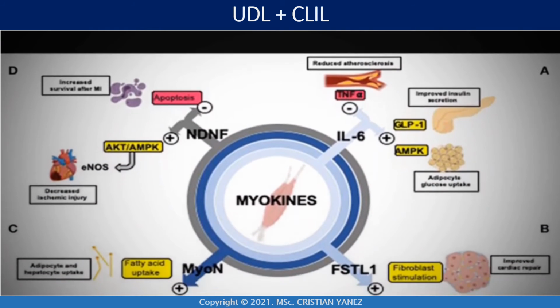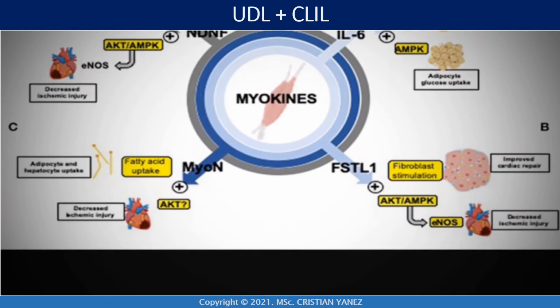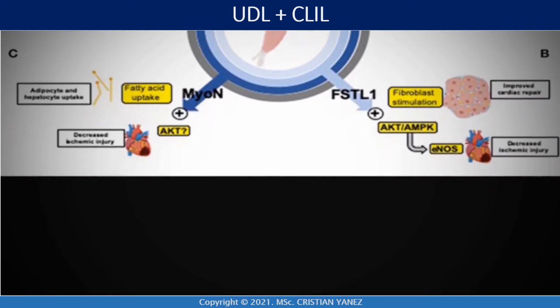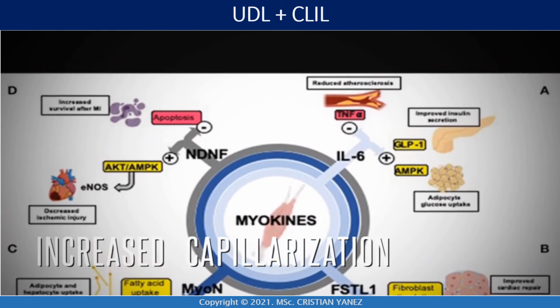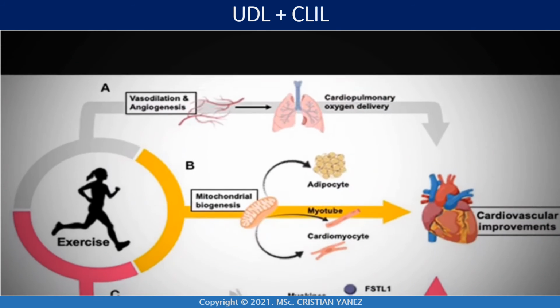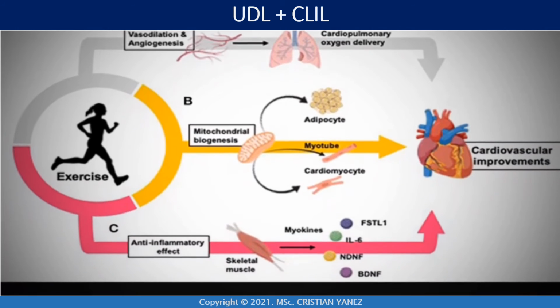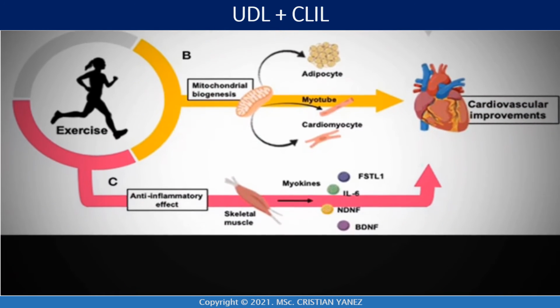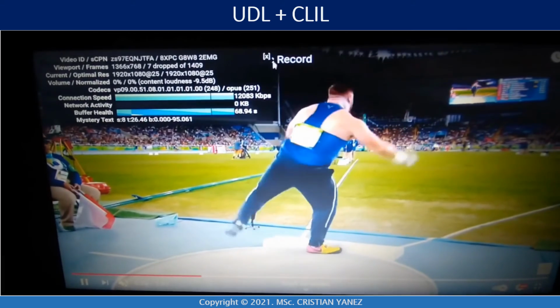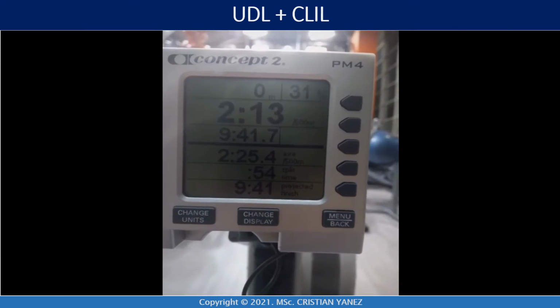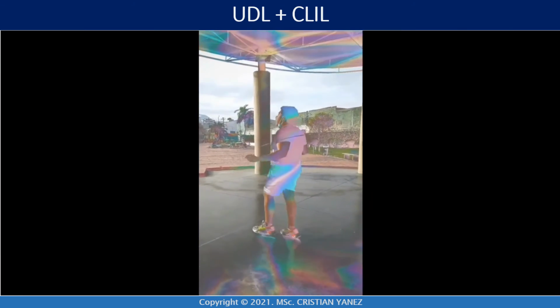A second adaptation would be increased capillarization. In the muscles, we have a number of capillaries that surround each muscle fiber. We also have capillaries in the lungs, around the alveoli, and when we train, the number of capillaries increases.